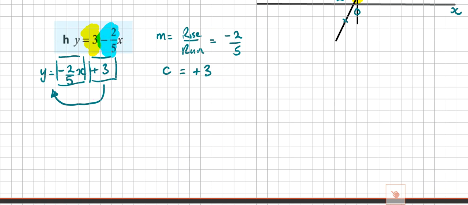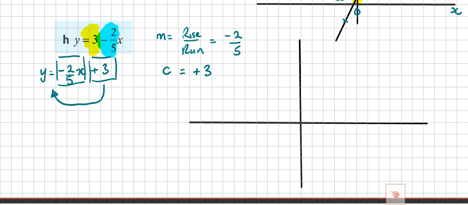So we've got, right, how then do we draw this one? Start at 3, because that's my initial condition.